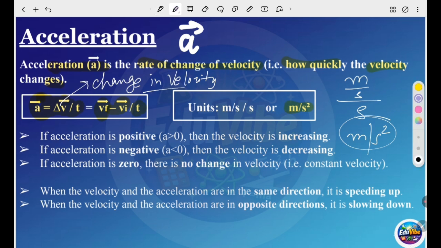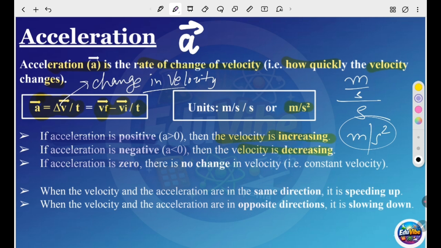Acceleration also depends on whether the velocity is increasing or decreasing: positive, negative, or zero. If acceleration is positive, a is greater than 0, so the velocity increases. If acceleration is negative, a is less than 0, so the velocity is decreasing.